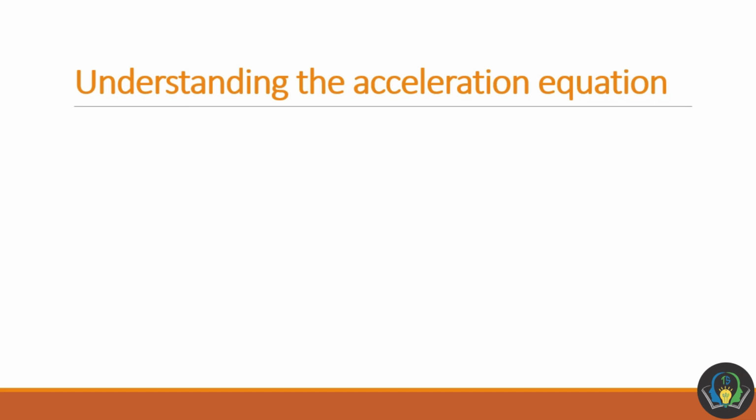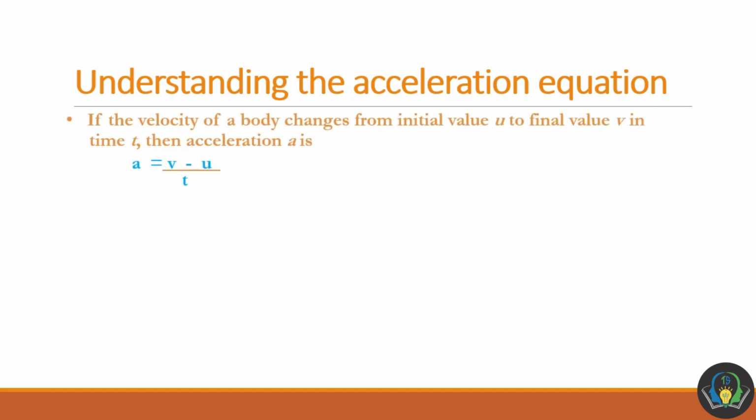Understanding the acceleration equation. If the velocity of a body changes from an initial value, shown by u, to a final value, shown by v, in time t, then the acceleration a can be written as a equals v, the final velocity, minus u, the initial velocity, upon the time taken.